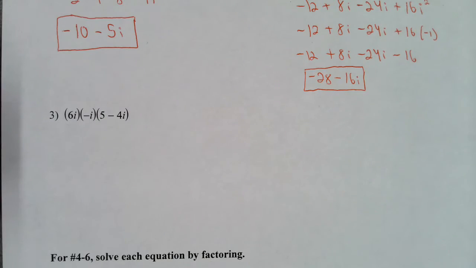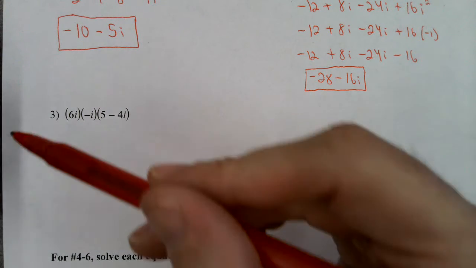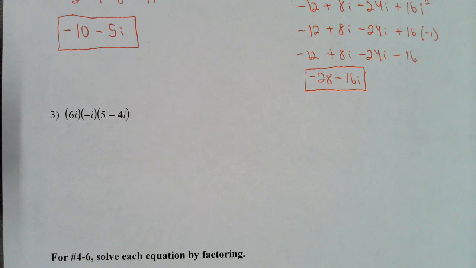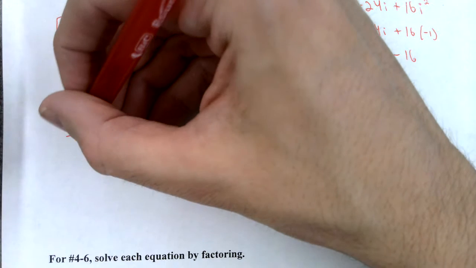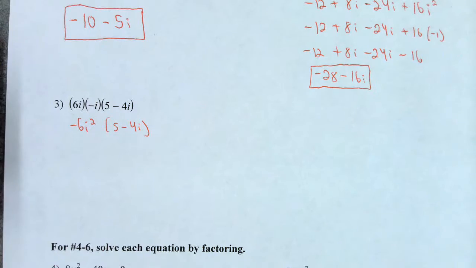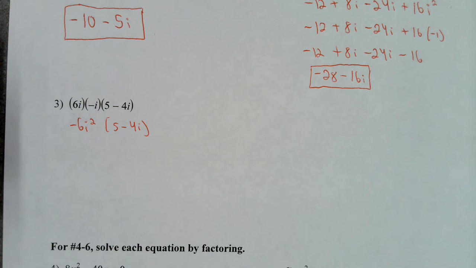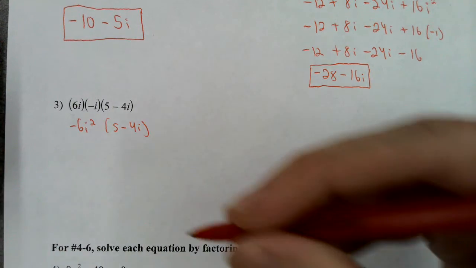Okay, number 3. You're multiplying 3 things, so let's start with 6i times -i. 6i times -i is -6i squared. And i squared equals -1.